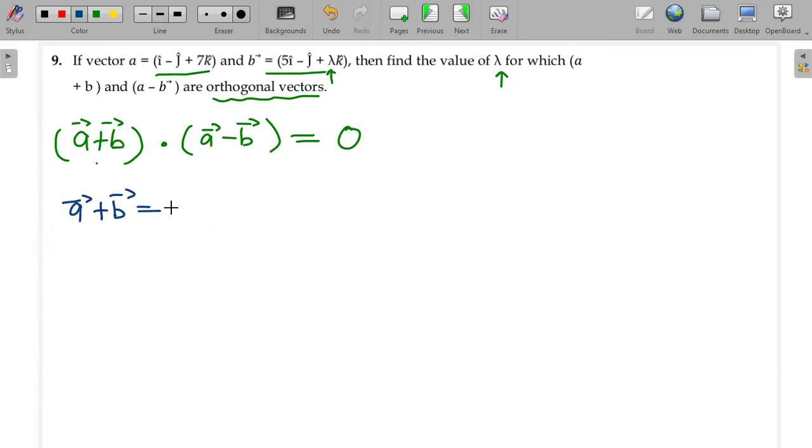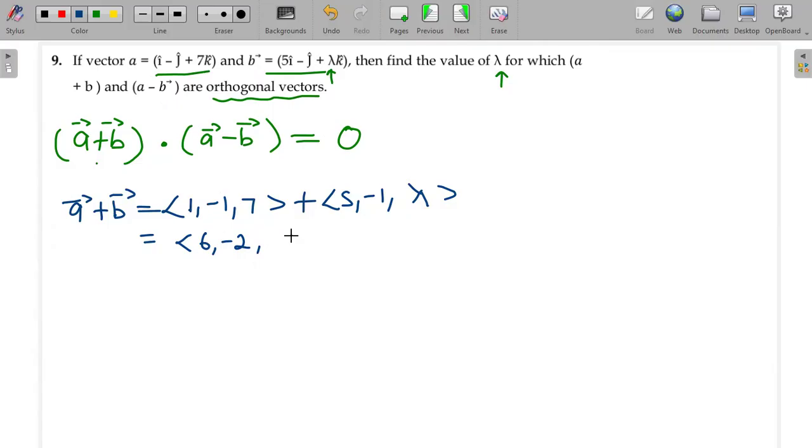For A plus B, I'm just adding these vectors component-wise. If I get the coefficients, this one is 1, minus 1, and 7. Then plus, this other one is 5, minus 1, and then lambda. When I add component-wise, it will be 1 plus 5, I'll get 6, and then minus 1 plus minus 1, I'll get minus 2.